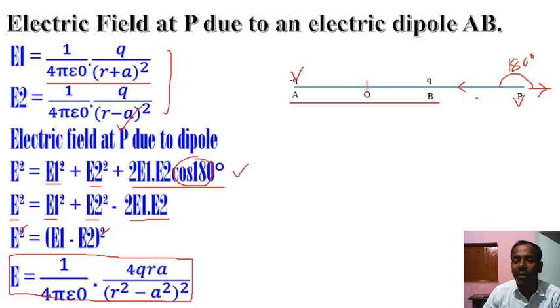According to Coulomb's law, we find the electric field at P due to minus Q charge, the electric field at P due to plus Q charge, and at last the electric field at P due to the dipole. For this we apply the parallelogram method, and after the proper calculation we get the electric field due to the dipole is 1 by 4 pi epsilon naught into 4 q r a by (r square minus a square) whole square.